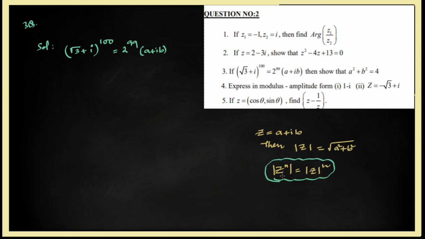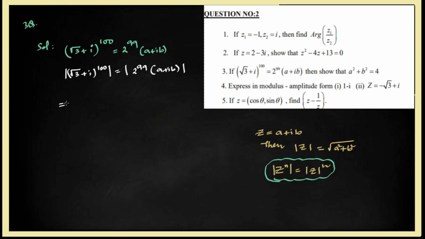And one more thing, mod of z power n we can write as mod z whole power n. So applying mod on both sides, mod of (root 3 plus i) whole power 100 equals mod of 2 power 99 into (a plus ib).